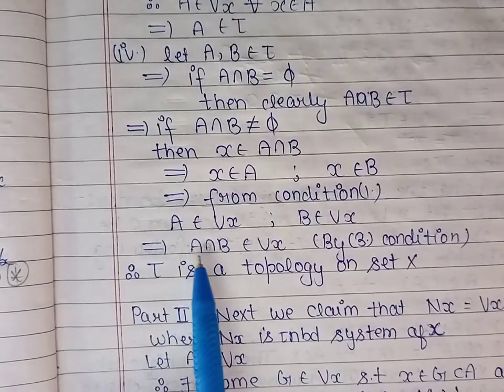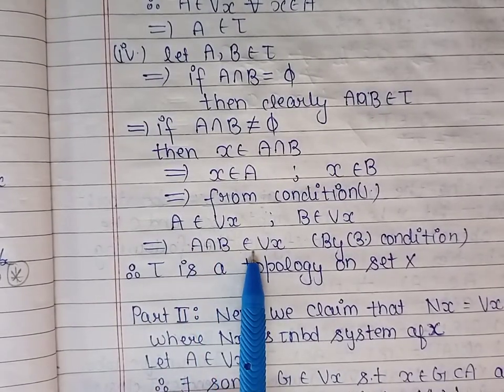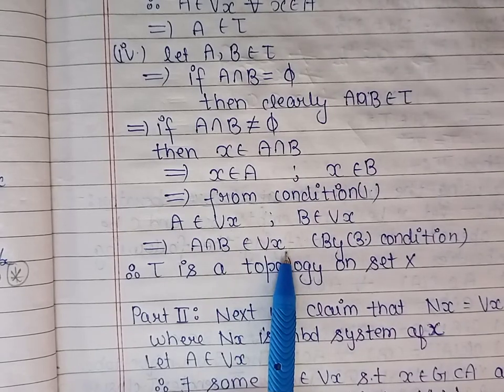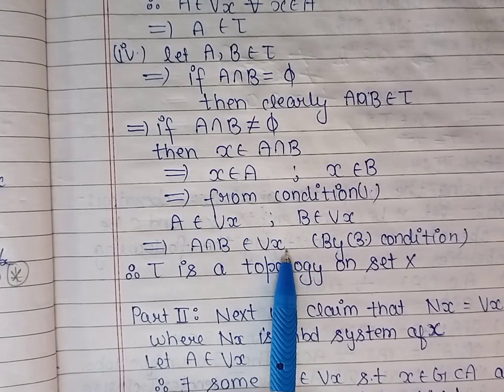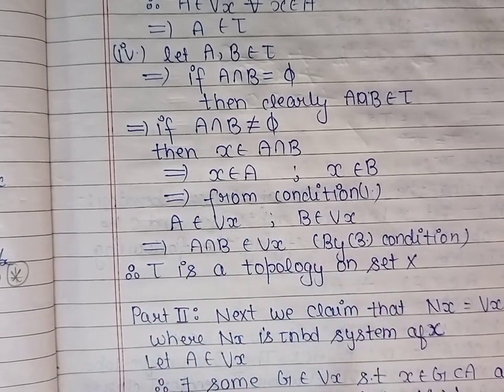So by the third given property, their intersection also belongs to the collection Vx. Thus all the conditions for being a topology are satisfied. So we can say that the collection tau defined by us is a topology on the set X.